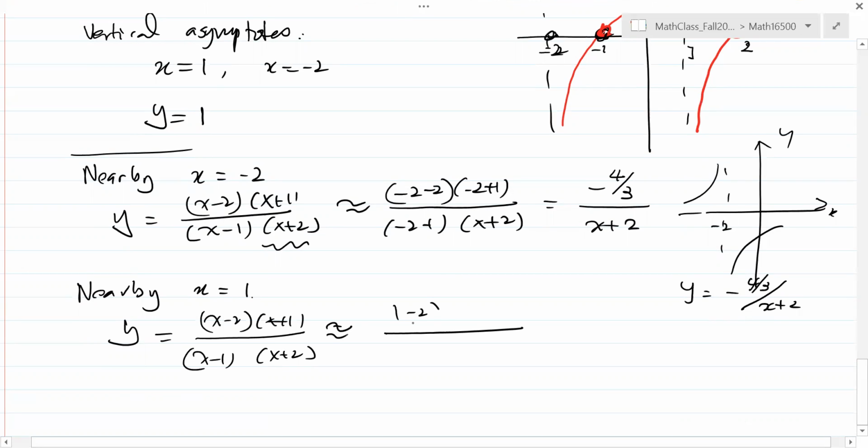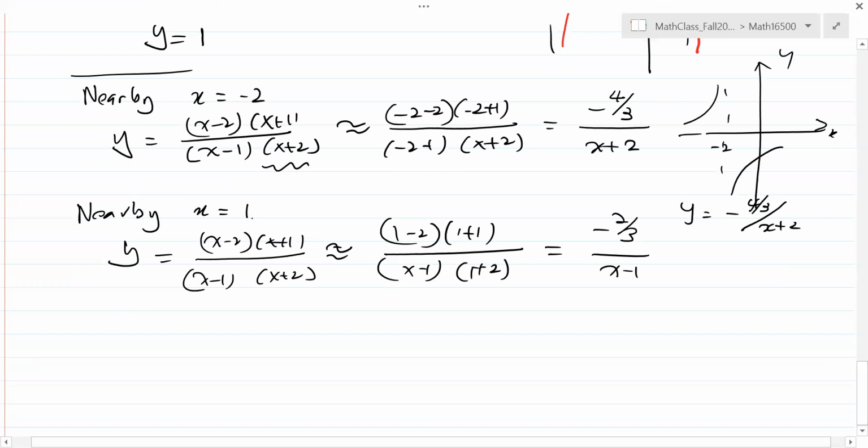So it's going to be 1 minus 2, 1 plus 1, x minus 1, 1 plus 2. Okay. So -1 times 2, -2 divided by 3 is going to be -2 over 3, x minus 1. How does the graph of this function look like? The graph of this function looks like 1, right?